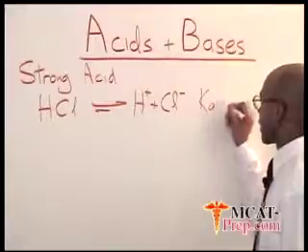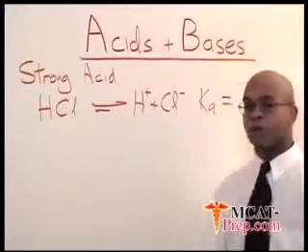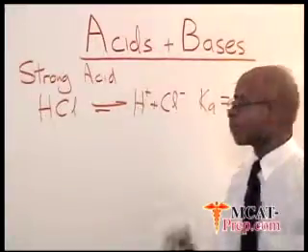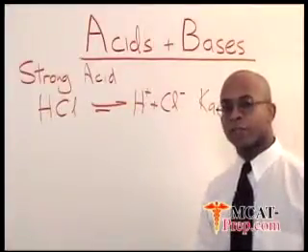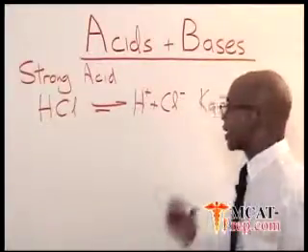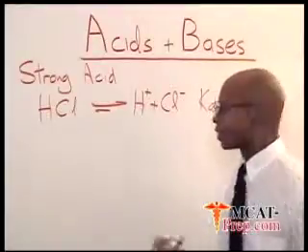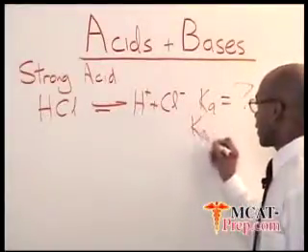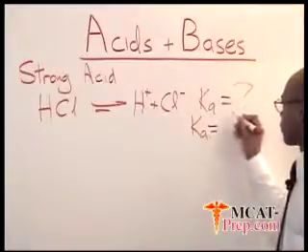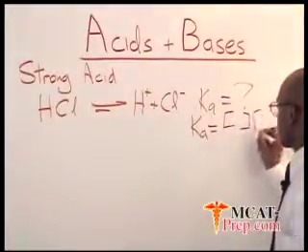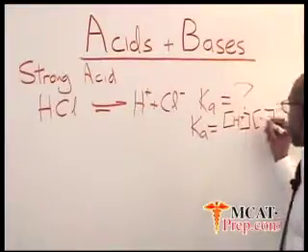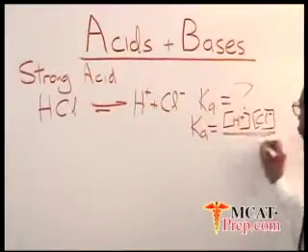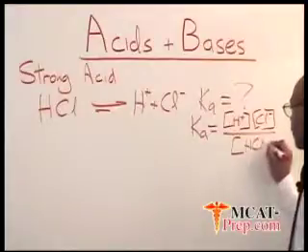What would you guess the Ka is associated with this reaction? Now a Ka is the acid dissociation constant. It is an equilibrium constant. Ka is equal to the concentration of H plus times Cl minus over HCl.